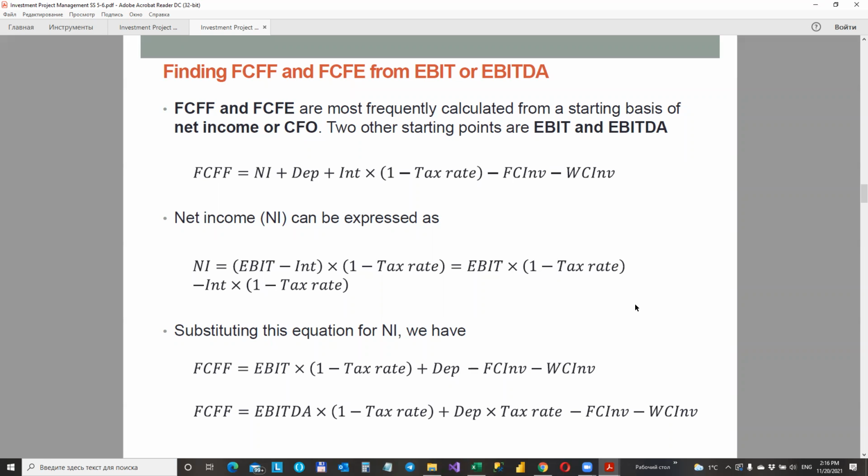We can also calculate free cash flow to the equity instead of free cash flow to the firm from EBIT and EBITDA. An easy way to obtain free cash flow to the equity based on EBIT or EBITDA is to use the equation you can see here, or the second equation that is also here.